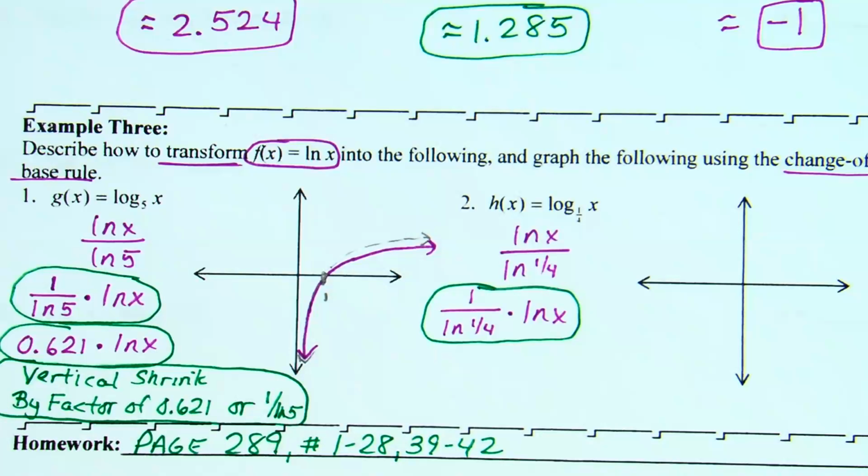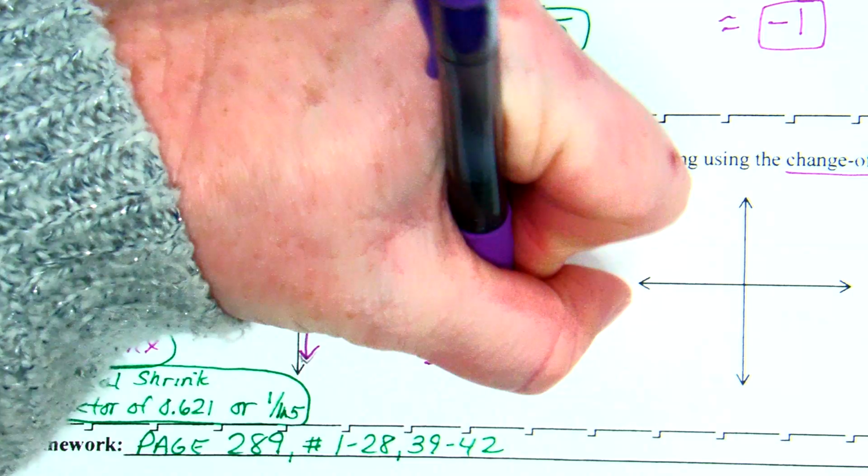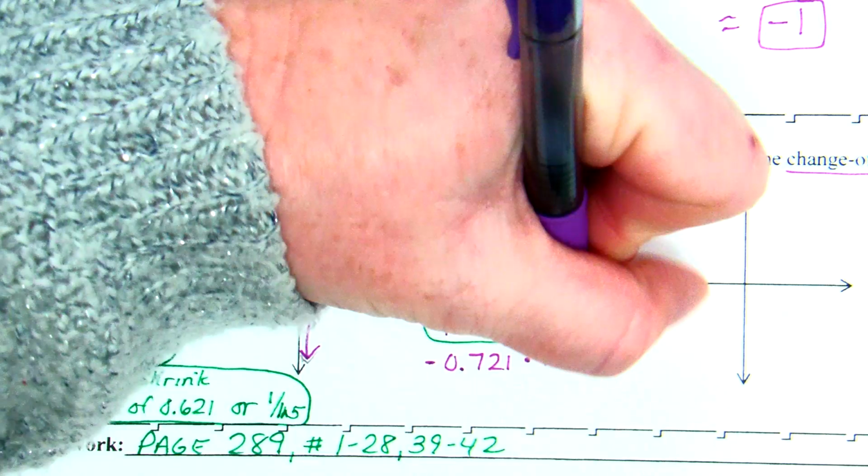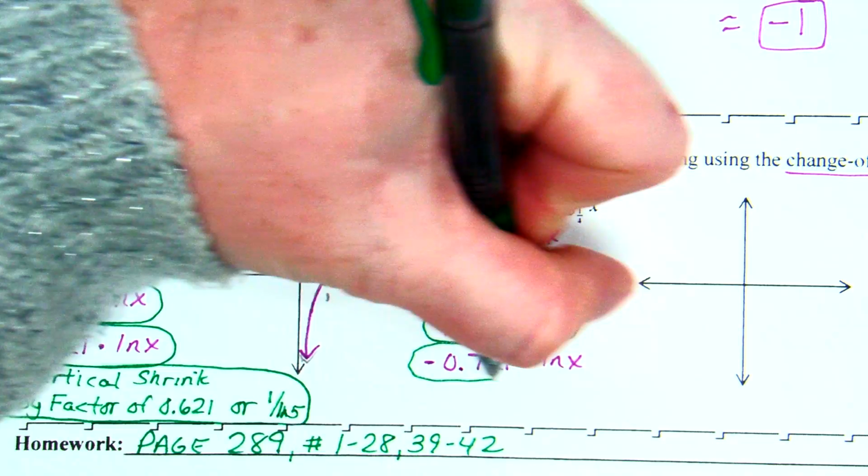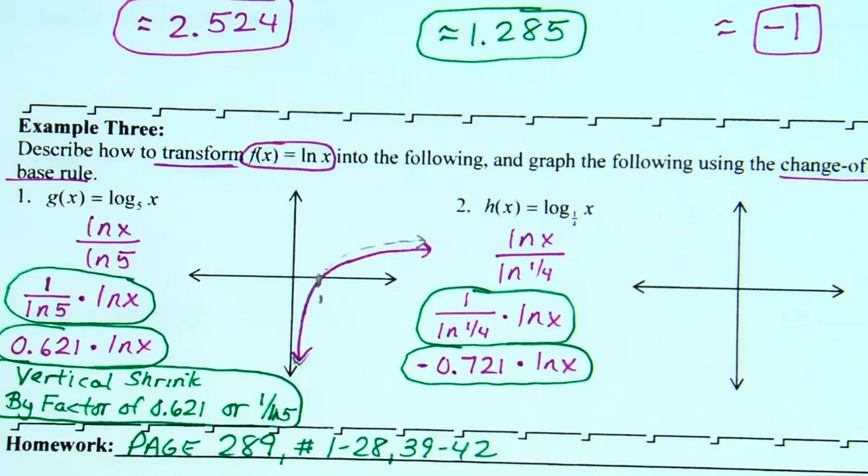I would strongly suggest you check and see what 1 over the natural log of 1/4 is. And let me know what you get. Is that important to know? Negative 0.721 times natural log of x. What's that mean about this graph? It's a shrink again and a reflection.